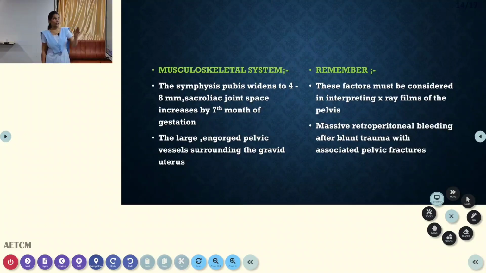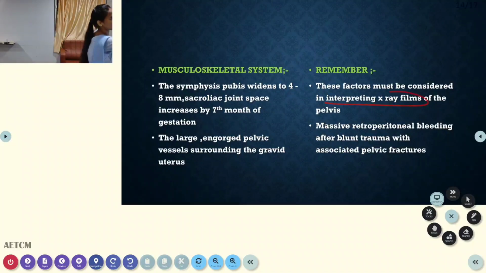And next, in the musculoskeletal system, what will happen? During pregnancy, the pubic symphysis will be widened by 4 to 8 mm, and the sacroiliac joint space also increases by the 7th month of gestation. We need to consider this point while interpreting X-ray films of the pelvis.